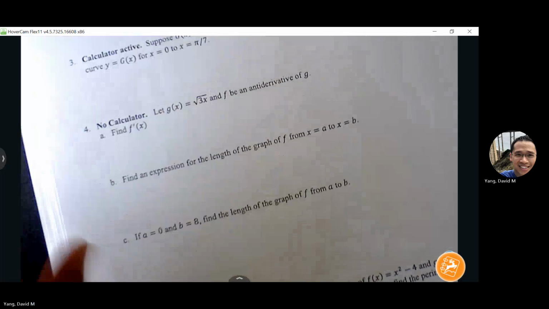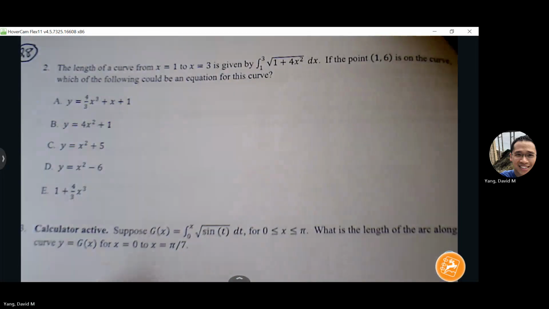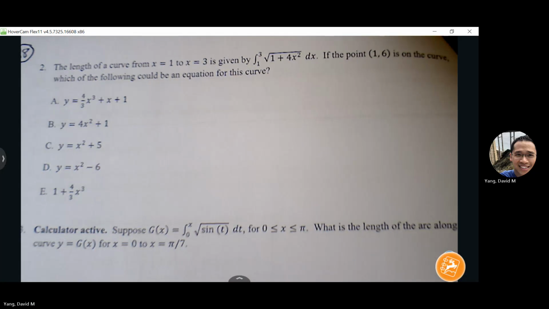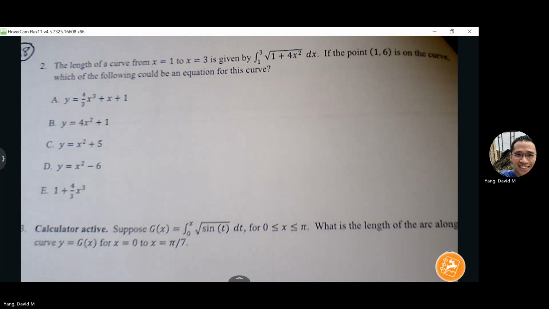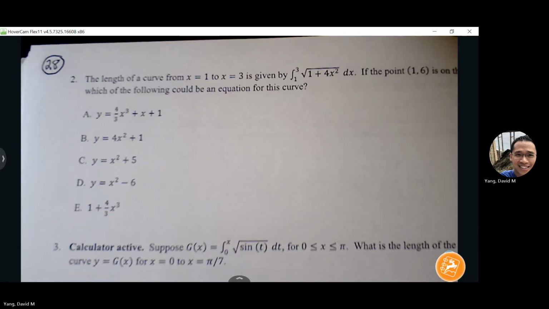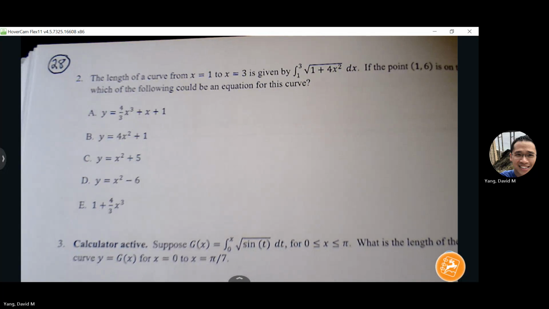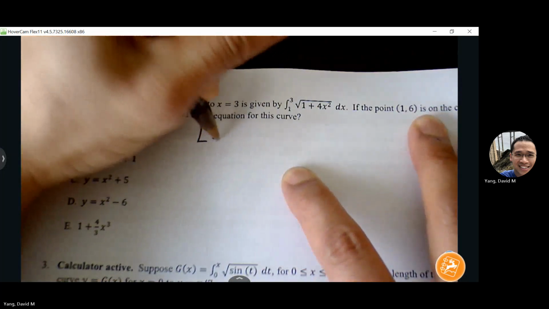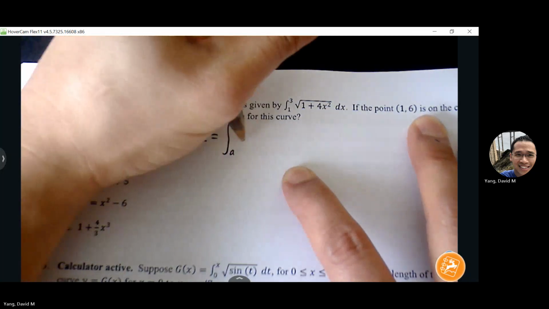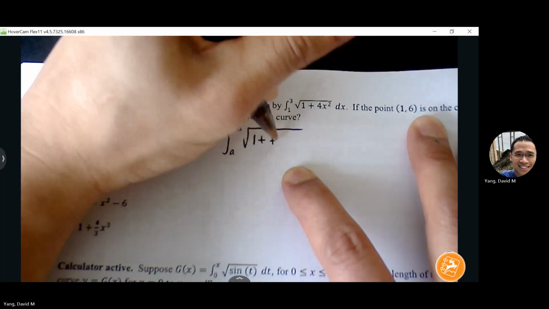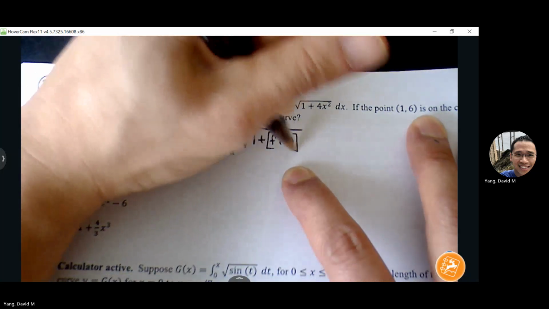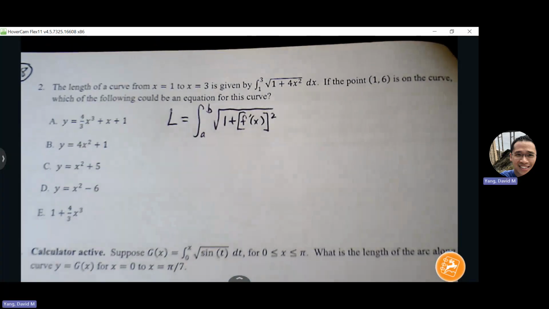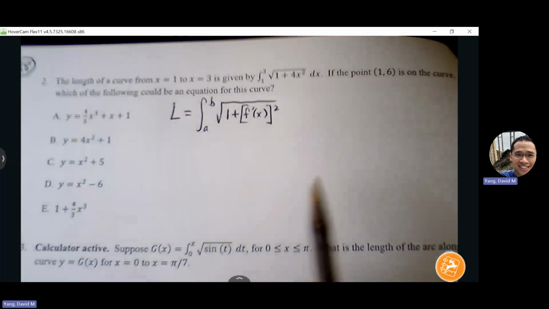Okay, page 28. Okay, length of a curve is given by this formula, arc length here.